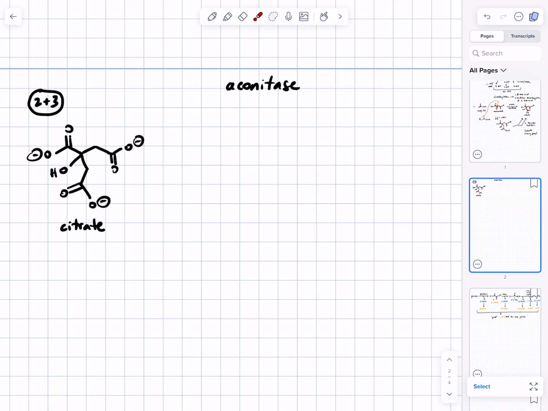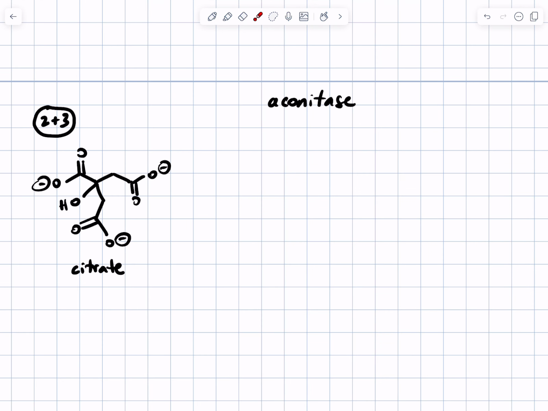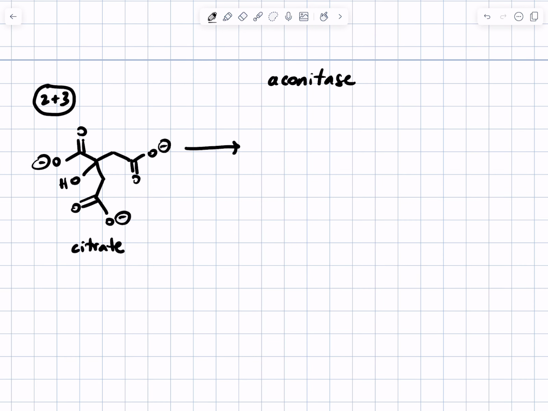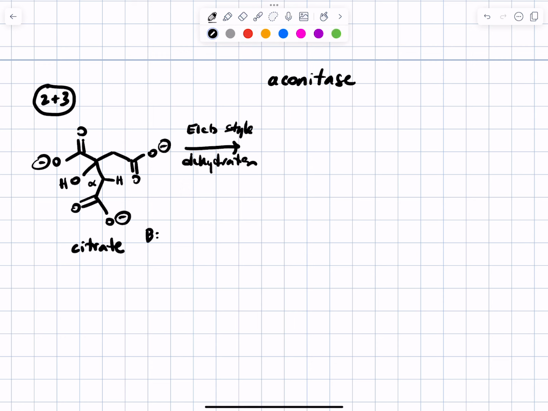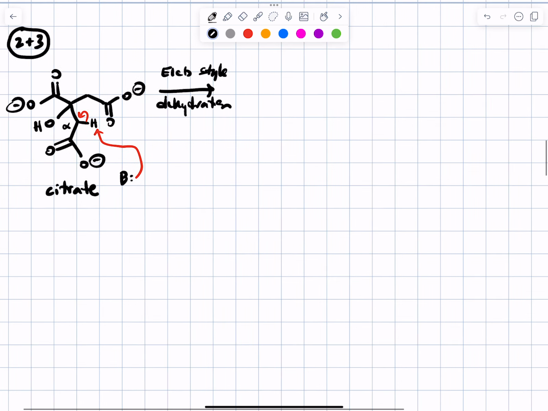So we need to move that OH group. And our strategy for removing that OH group is going to be to do what we often do after an aldol reaction, which is E1CB style dehydration. Remember, in an E1CB reaction, we remove a proton that is alpha to a carbonyl carbon to generate an intermediate, an enolate. So there go the arrows onto that alpha carbon.